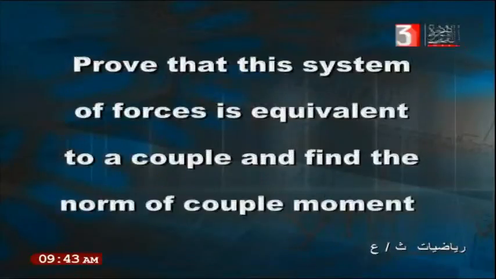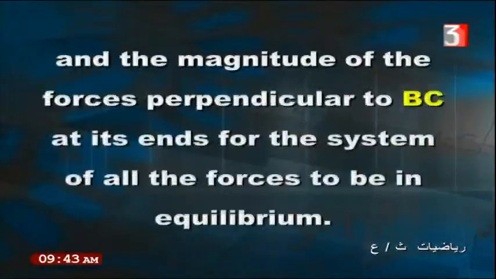Prove that the system of forces is equivalent to a couple and find the norm of the couple moment. And find the magnitude of the forces perpendicular to BC and its end for the system of all the forces to be in equilibrium.